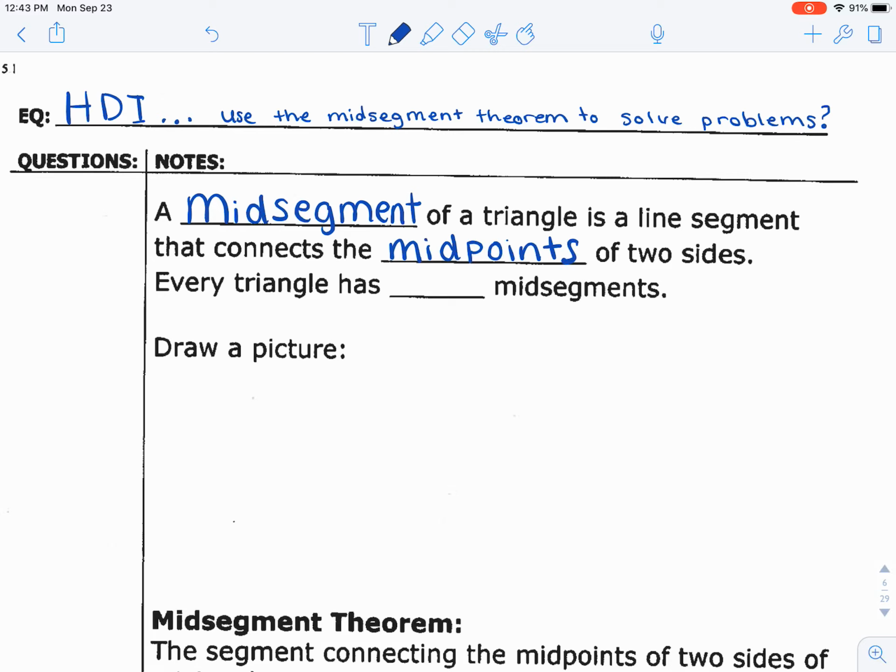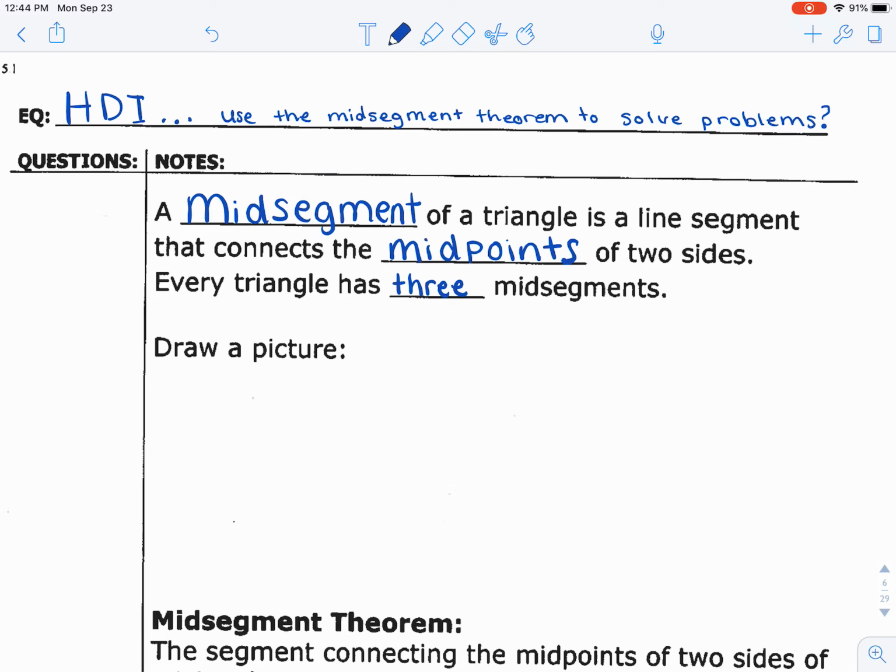Every triangle has 3 midsegments. So again, a midsegment of a triangle is a line segment that connects the midpoints of 2 sides. Every triangle has 3 midsegments.